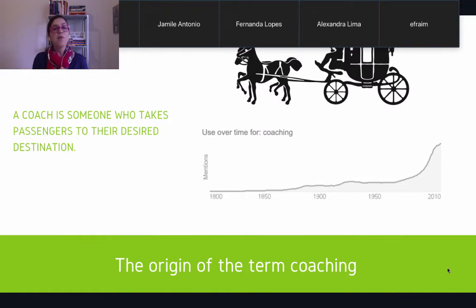With time, someone had the brilliant idea of improving the coach. We don't know the name of this person, no one took notes of it at the time, but someone made a more comfortable coach to transport people from one place to another.